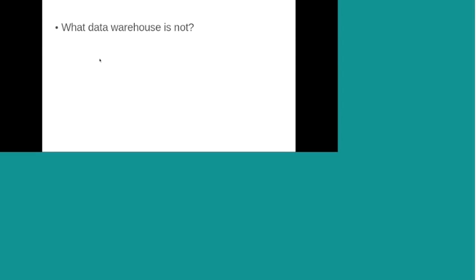We'll talk about the performance bottlenecks: what are the major things we should be worrying about, why it gets slow, what the reasons are behind it, and how we can solve it. Then we're going to talk about some quick fixes. We're going to talk about what business users, DBAs, and system admins can do to improve the overall performance of the BI systems. Let's start with what a data warehouse is not.